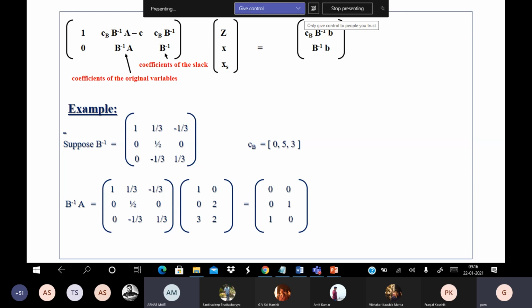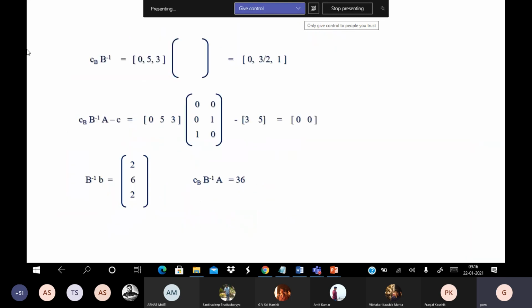That CB B inverse. Very good. So basically, we have to compute CB B inverse, right? So CB is known here, 0 5 3. B inverse is known; we have calculated it from the given B, right? So we do this CB B inverse, and we see that this is coming as 0, 3 by 2, 1, right?